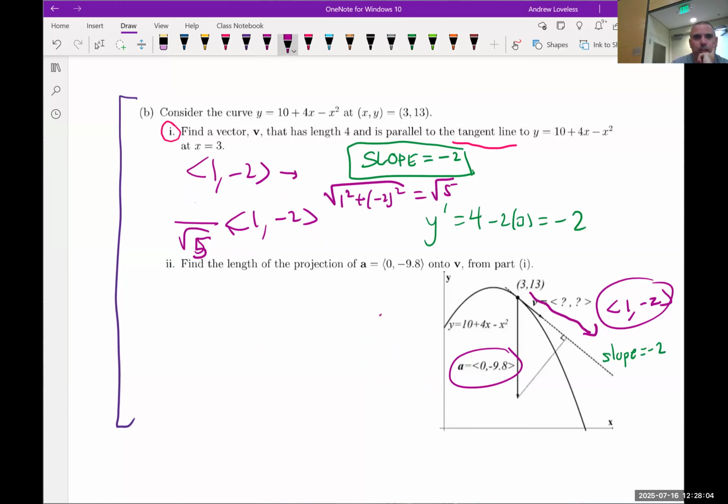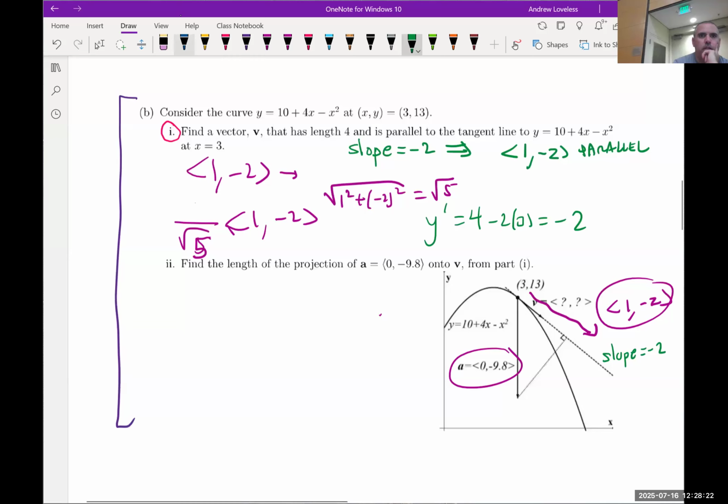And so when I write the following, first we'll step through the pieces. First we figured out the slope needs to be -2. That meant that this vector is one example of something that's parallel to that slope, because the ratio is -2. And then I made that a unit vector by dividing by its length.